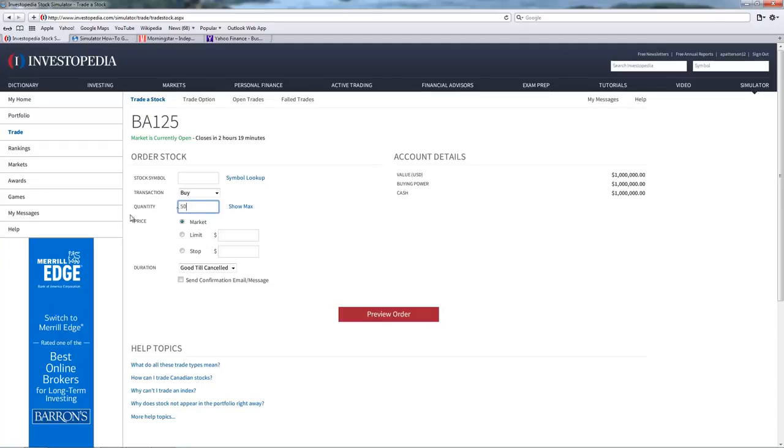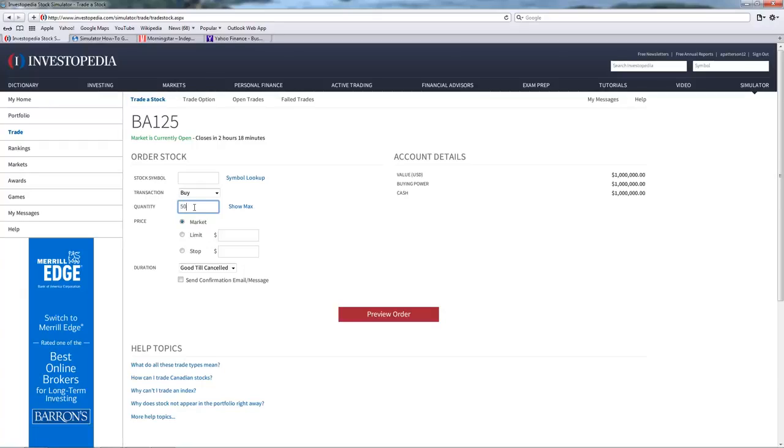But let's say today I buy 50 shares, and tomorrow I want to buy 50 more shares of whatever company I'm buying. That's two separate charges of $20. Every time you sell a stock, that's another $20. So if I buy 50 shares and then I sell 50 shares the next day, that's $40 total in fees.